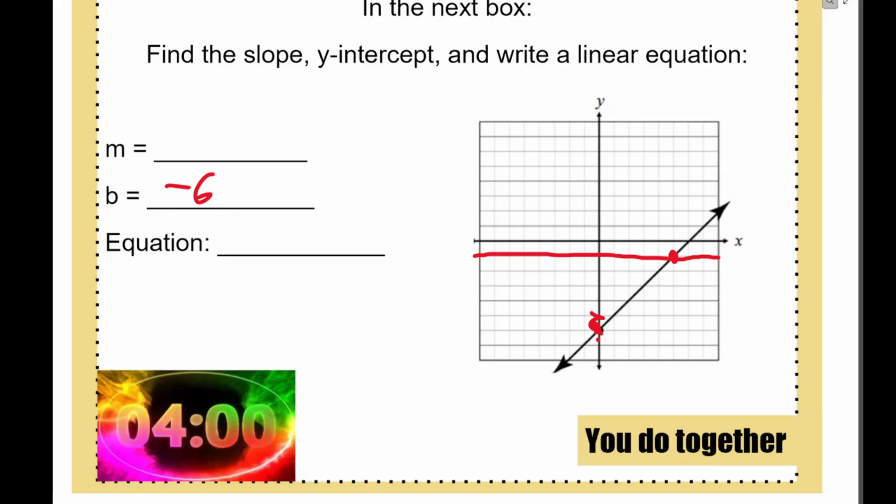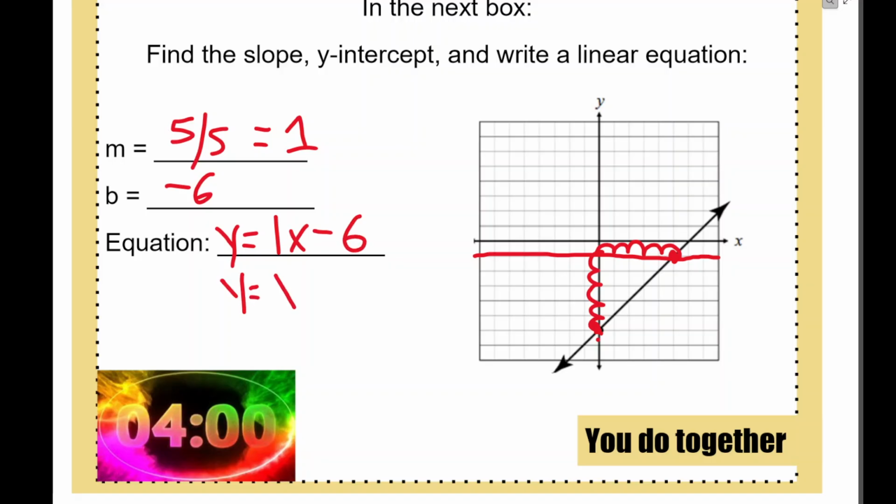So we are going up 1, 2, 3, 4, 5, and to the right 1, 2, 3, 4, 5. Over 5. What is anything over itself? 5 over 5 is 1. So your equation would be y equals 1x minus 6. Or you don't have to write the 1, you could just write y equals x minus 6. Either way works. Okay, so that is the lesson for today.